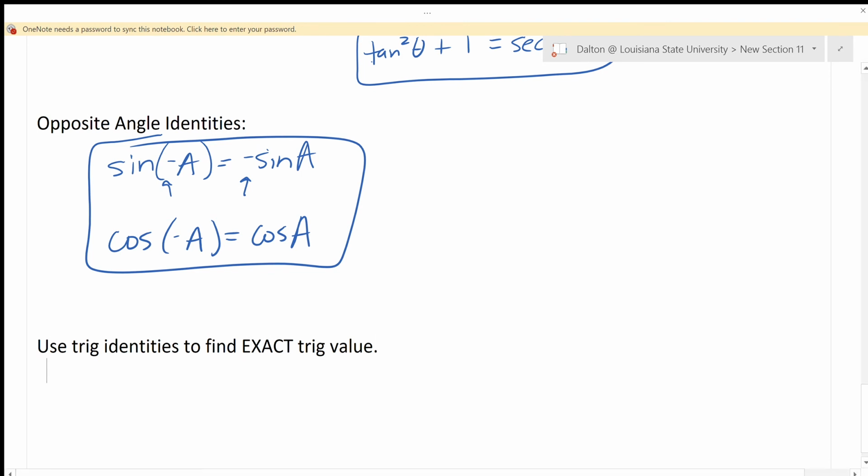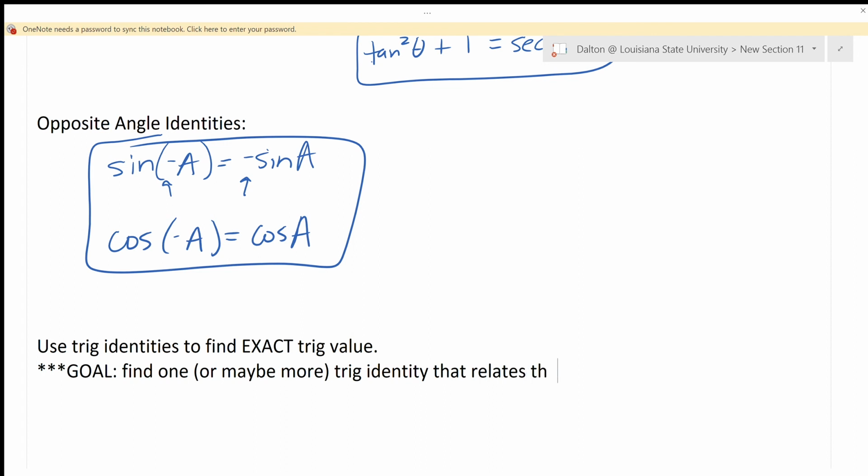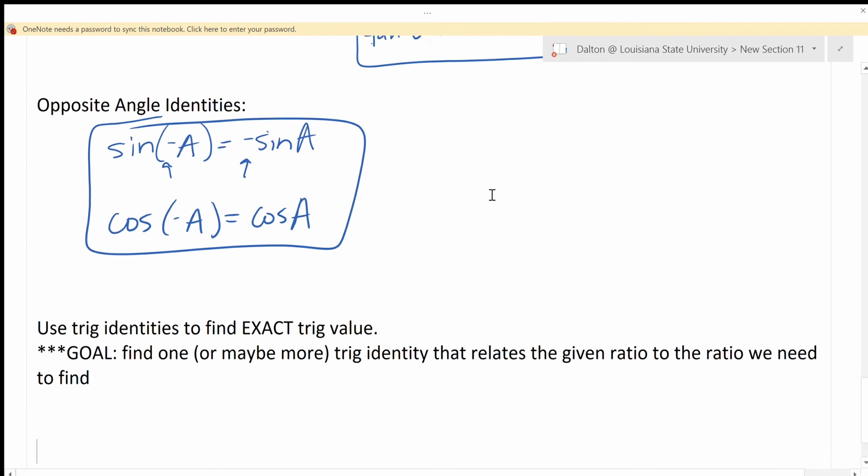Now, here's the catch. Not the catch. This is the goal. This is going to be the thing that's going to help you. Your goal is to find one or maybe more trig identity that relates the given ratio to the ratio we need to find.